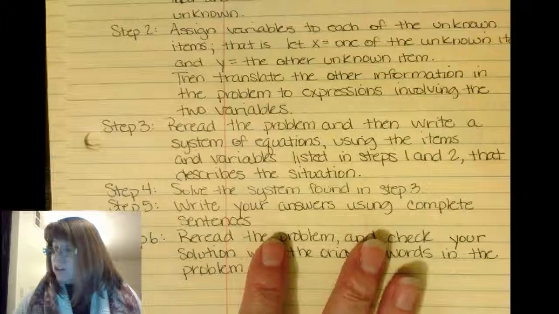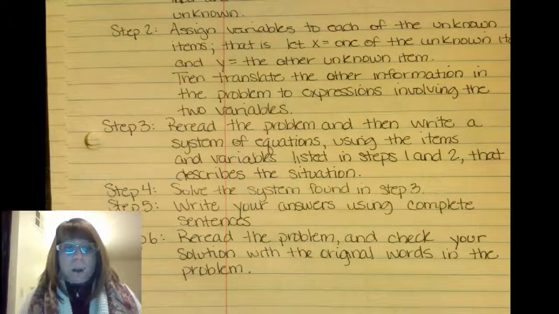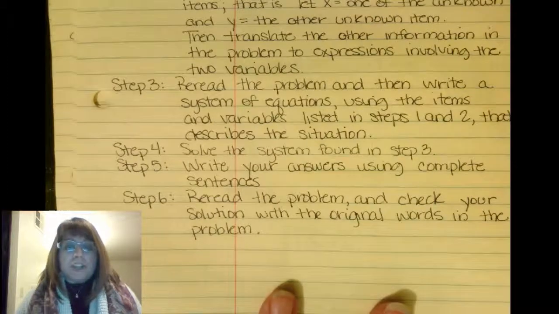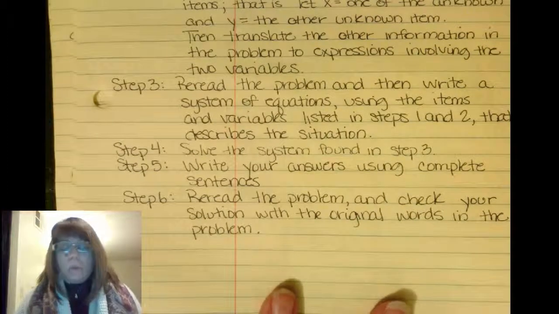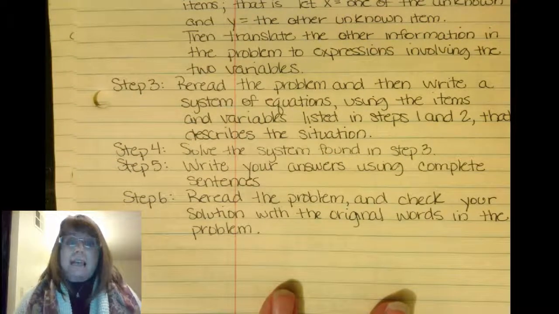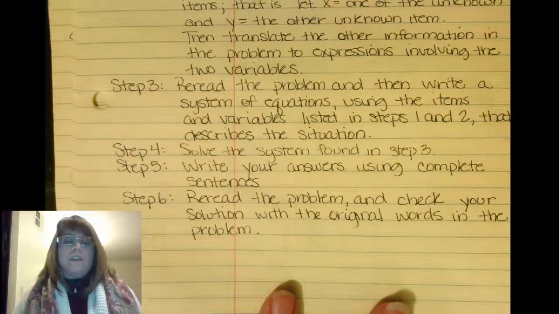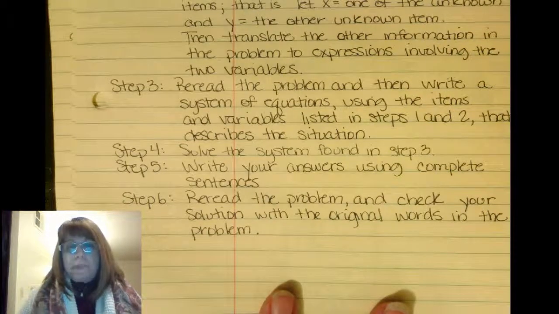And then you want to write your answer in a sentence, so you make sure that you have answered the problem correctly. And step 6 is you want to reread the problem, check your solution with the original words of the problem. This gives you an opportunity to analyze the solution you came up with against the original problem.